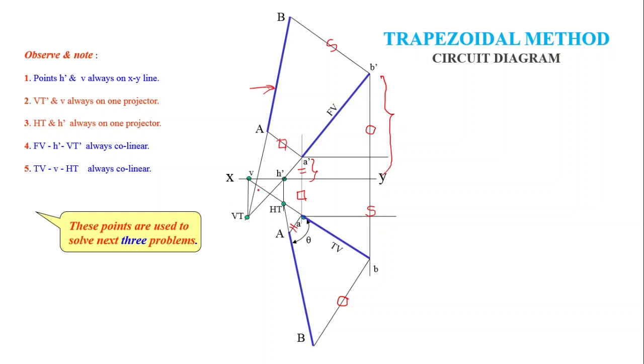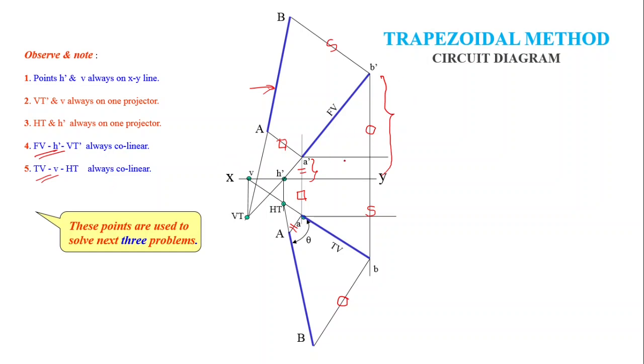Here again, we can see that V, HT and top view must be collinear. Similarly, VT, H dash and front view must be collinear. Top view, V, HT always collinear. This is the most important point.